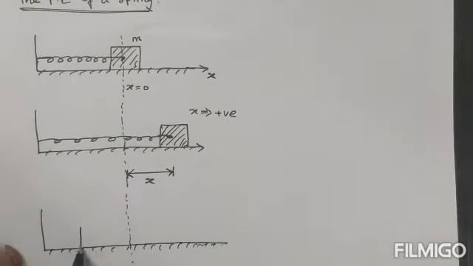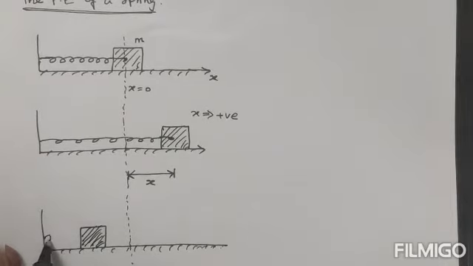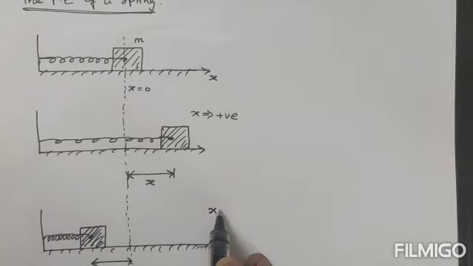Now the block is here, and we can say the spring is compressed. The distance x is displaced in the opposite side, so in this case x is negative.